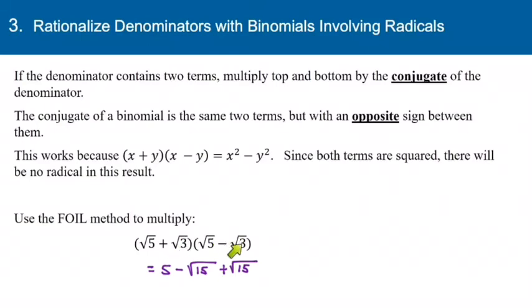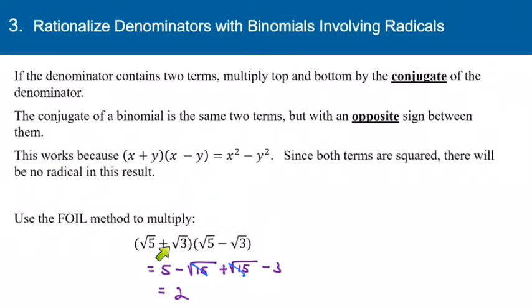And then last times last would be positive square root of 3 times negative square root of 3, so that's minus 3. Okay, notice that the outer and inner are going to add up to 0 because they're the same but opposite. And then 5 minus 3 is going to make 2. So that's how that always works.